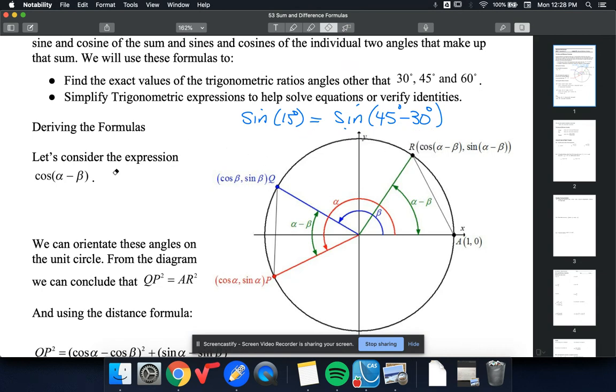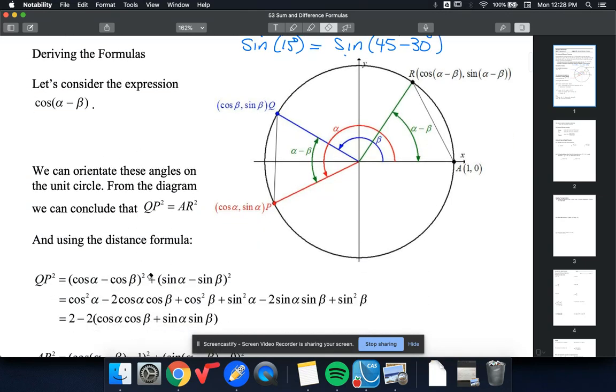We're going to start our exploration with cosine of alpha minus beta, and this is walking us through a proof of the rule. We start by noticing that QP squared is the same as AR squared.